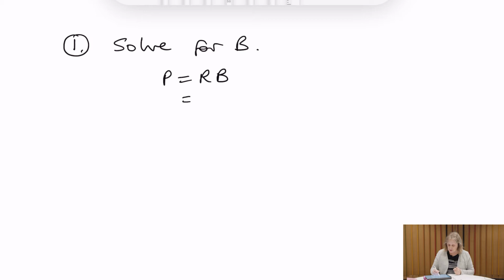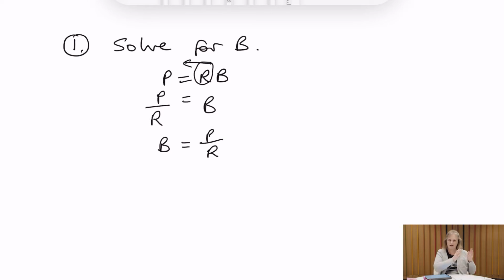Using the shortcut to isolate b, if we take the multiplying over to the opposite side, it's going to be dividing. We already have P on this side, so we bring over the R to divide, to give us b. Ideally we want to reverse that around so that we have b is equal to P over R.